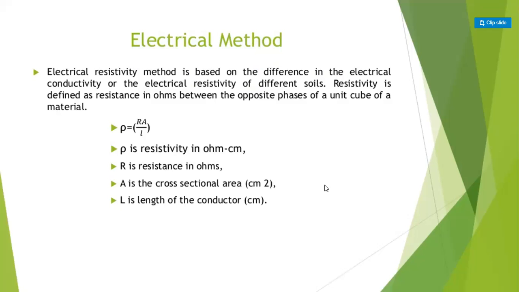Resistivity is defined as the resistance in ohms between the opposite faces of a unit cube of a material. Here, ρ = RA/L, where ρ is resistivity in ohms per centimeter, R is the resistance in ohms, A is the cross-sectional area in centimeter square, and L is the length of the conductor in centimeters.